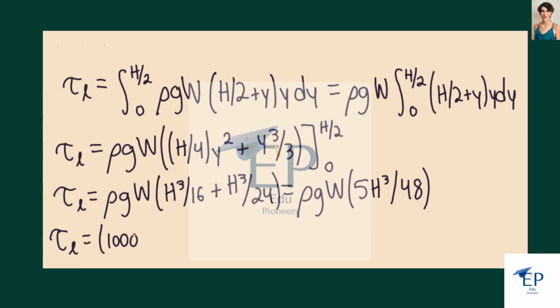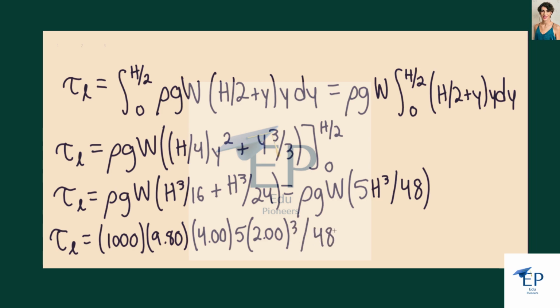Now we can solve. Again, 1,000 kilograms per cubic meter multiplied by 9.80 meters per second squared, multiplied by the width of 4.00 meters, multiplied by 5 times the height of 2.00 meters, cubed, divided by 48. This gives us 3,267 Newton meters.